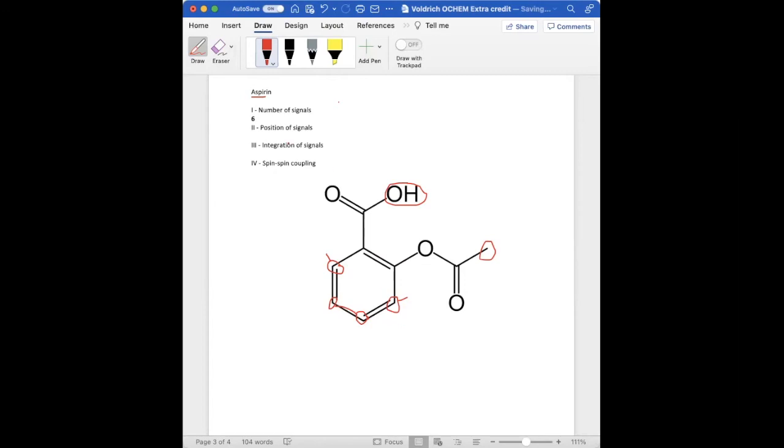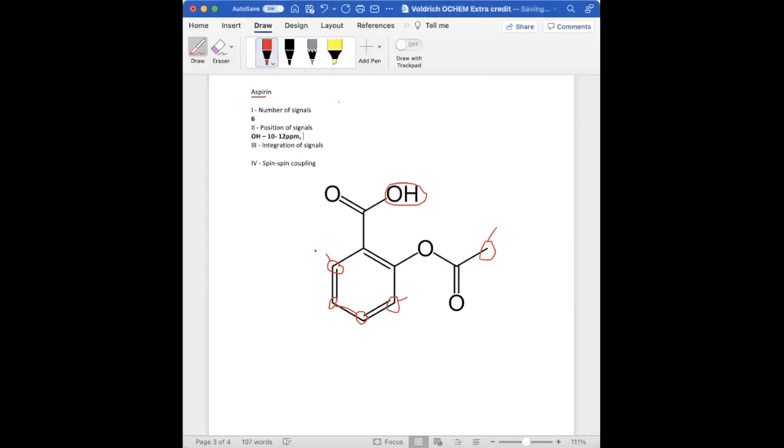Now, the least downfield shift will be from this CH3 because it's part of an ester, but it also is only a CH3, so it's not part of a ring or part of a carboxylic acid. And it'll probably be around anywhere from 2 to 3 ppm.